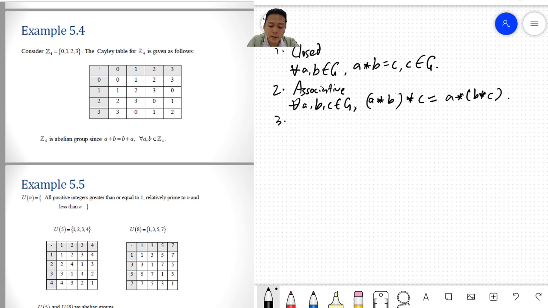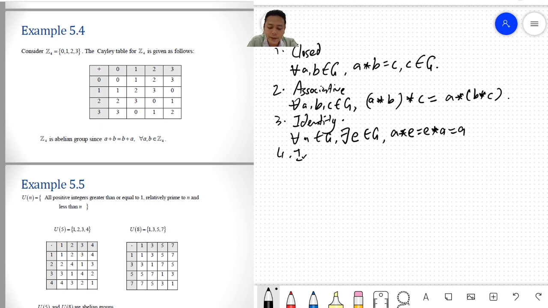For the third one, identity, there exists some E in G such that for every element A in G, AE equals EA, you get back A.